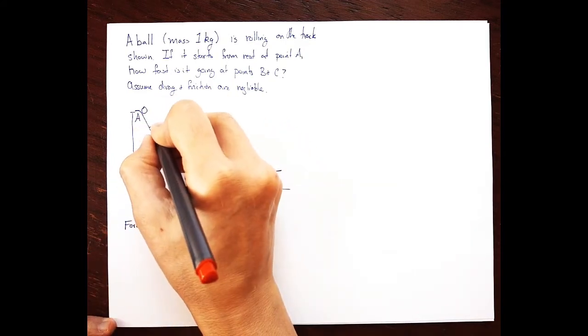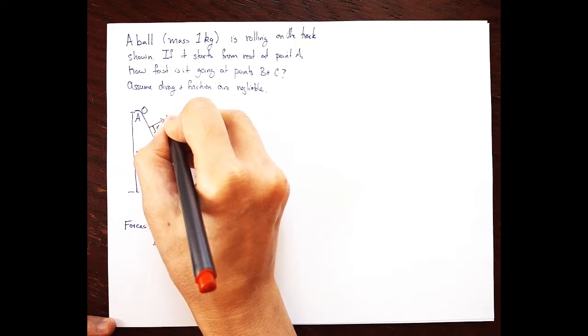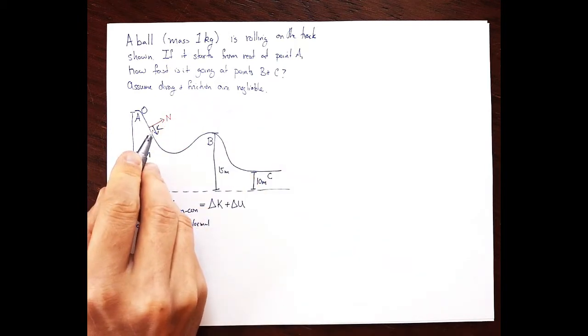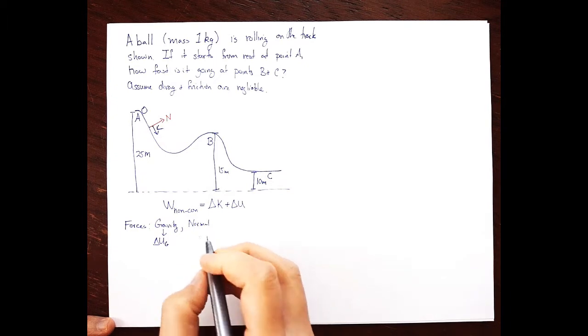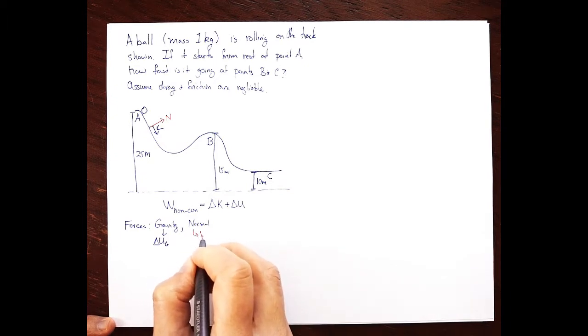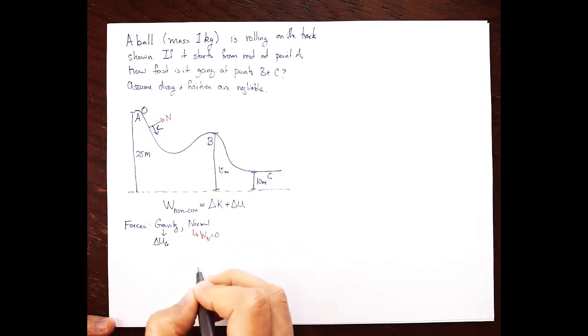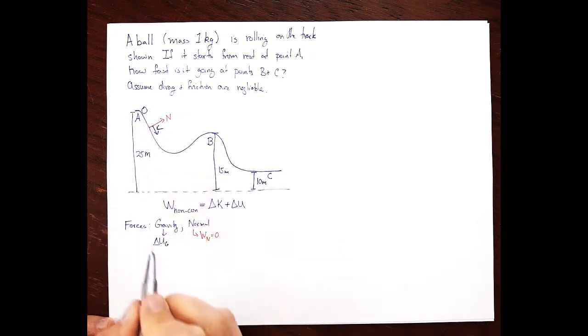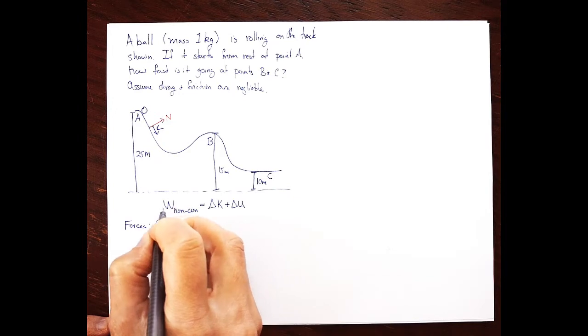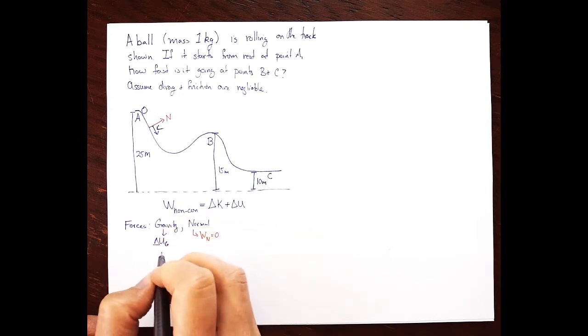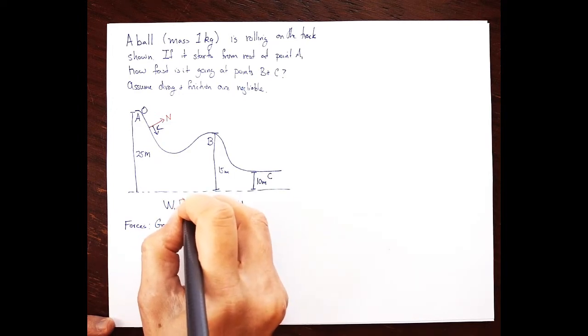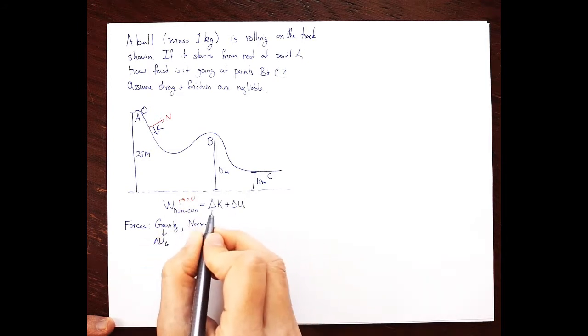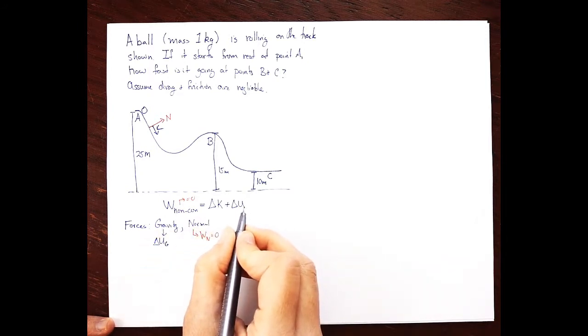But the normal force will be normal to the surface, which is going to be perpendicular to how this thing is traveling. So the normal force does no work. The work done by the normal force is zero because it's always perpendicular to the direction of motion, perpendicular to the displacement. So we don't have any non-conservative forces doing work. So this is equal to zero. Great, so the mechanical energy is conserved.